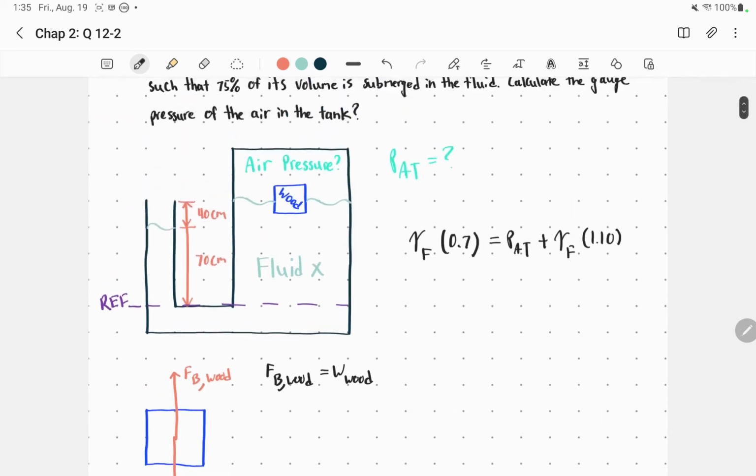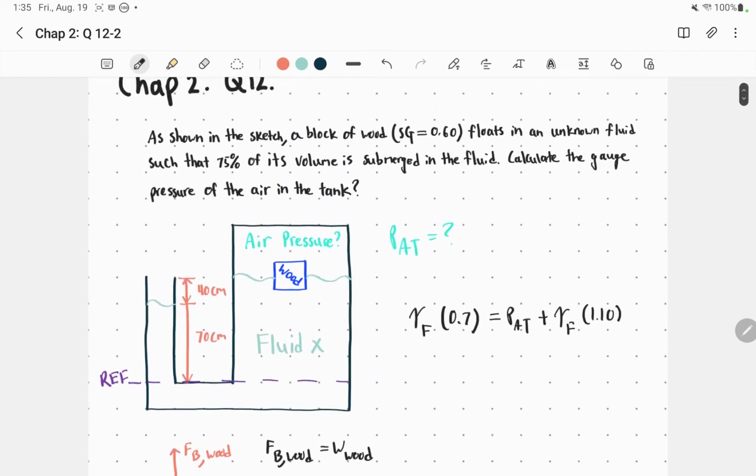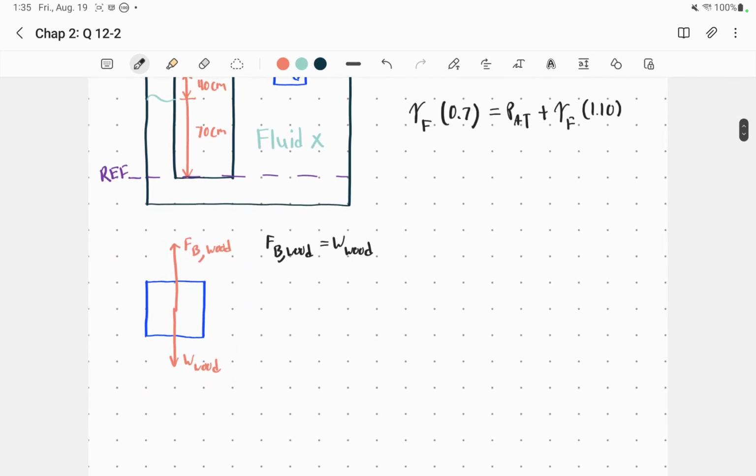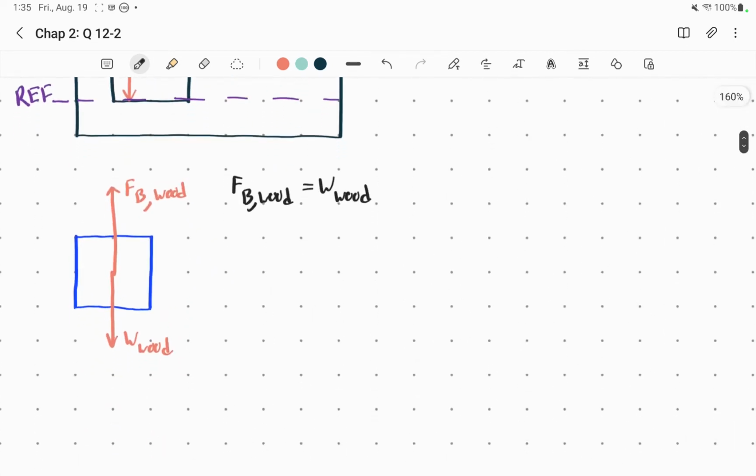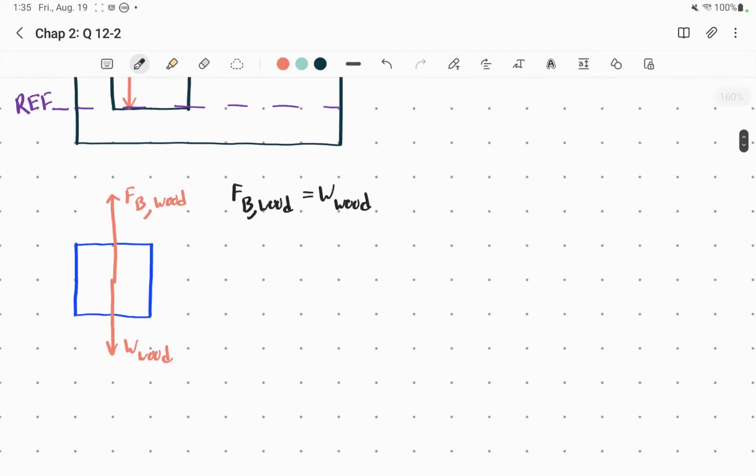Now, because the only piece of information they gave us about the block of wood was that 75% of it was submerged in the fluid, we have to somehow relate these two numbers to volume. So let's start by breaking down the buoyancy force. Buoyancy force is equivalent to gamma of the fluid that it's submerged in times the submerged volume.